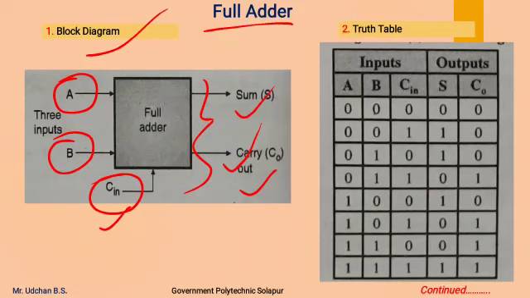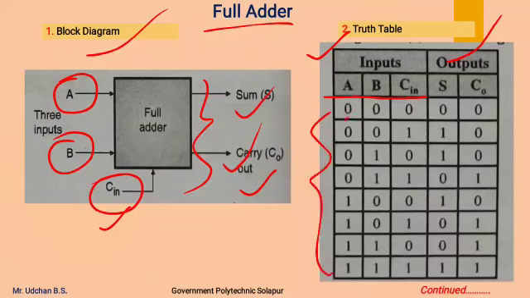Now here there is a truth table which consists of inputs A, B and C in, and outputs sum and carry output. We have to use binary addition rules to add the 3 inputs. As there are 3 inputs, the possible combinations of inputs are 8.